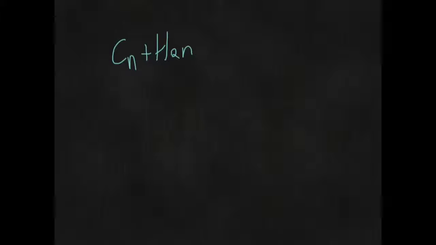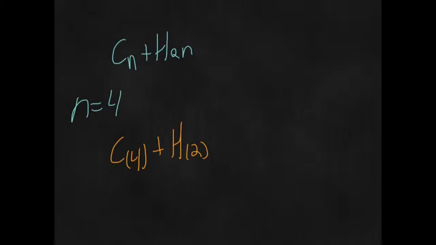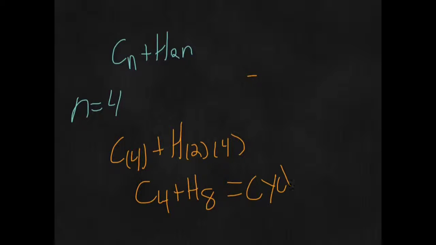So if we had, let's say, n equals 4, we fill in the blanks, C4H(2 times 4), 4 times 2 is 8, and so there we go. And we know that it's going to equal cyclobutane.